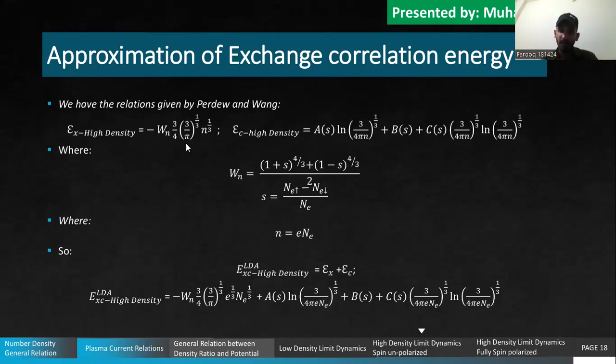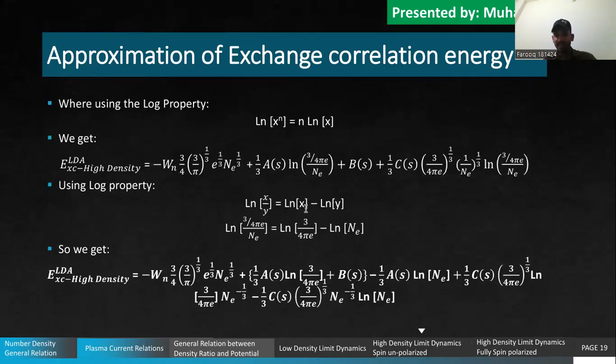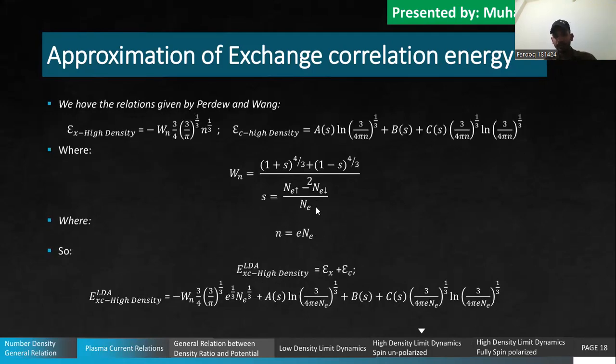So moving forward, this Wn formula is also from the Perdew and Wang article. When we put S equal to 0, net spin equal to 0 here, Wn becomes 1. So what is S? Ne up minus Ne down over Ne. If Ne up and Ne down are equal, S is equal to 0.